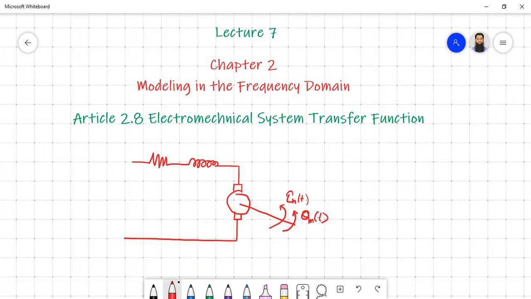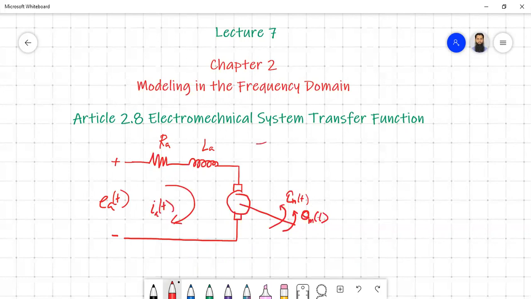This is your armature resistance R_a, this is your inductor L_a, and the applied voltage in the armature is e_a(t). Then your armature current is i_a(t), and also the field.